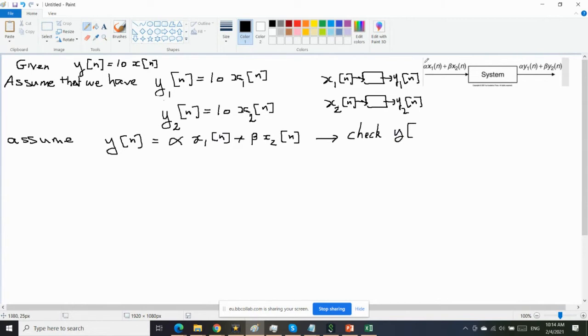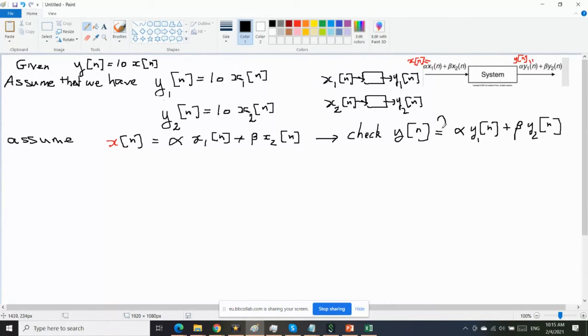If x[n] is equal to this one, then we want to show that its output y[n] is equal to a linear combination of the outputs, alpha y1[n] plus beta y2[n].